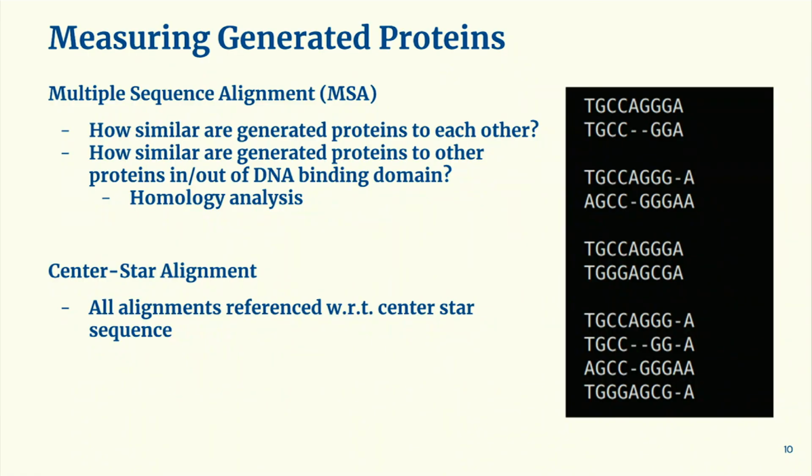So this gives rise to a field called homology analysis, and this is based off of an assumption that sequence homology is related with structural and functional homology as well. And so with each novel sequence, we can perform something like a center star alignment on a de novo protein sequence.